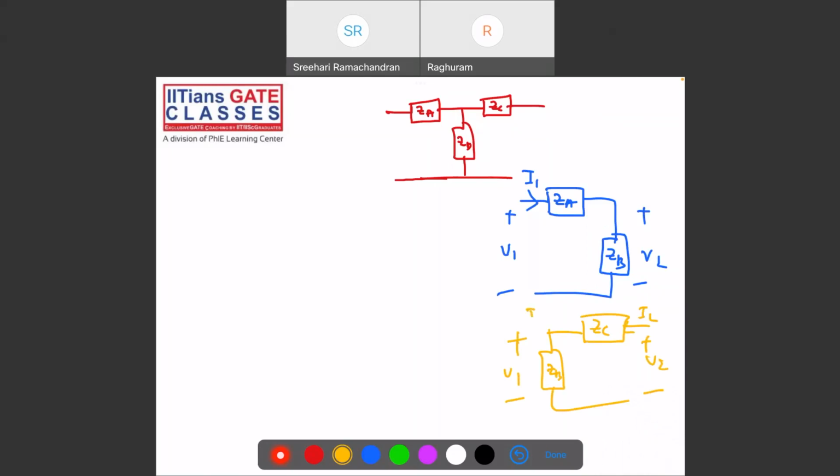This is when I1 is 0. Again, as simple as that, Z11 is equal to V1 by I1 when I2 is 0, which is equal to ZA plus ZB.